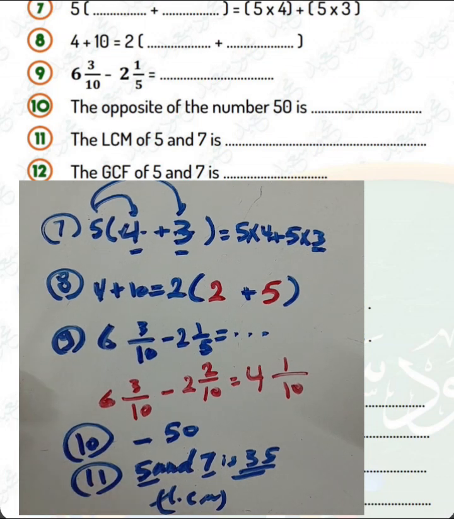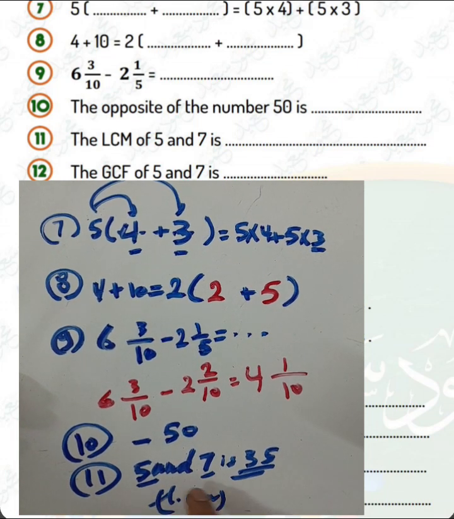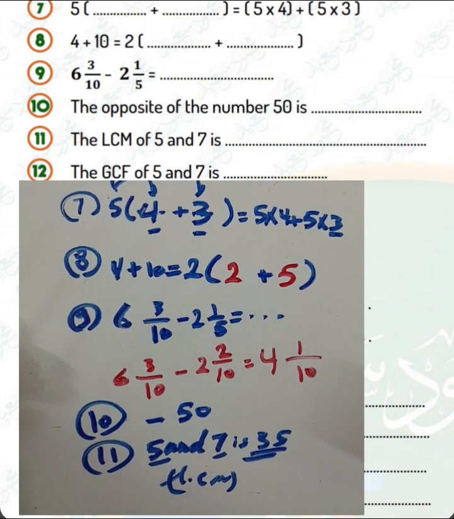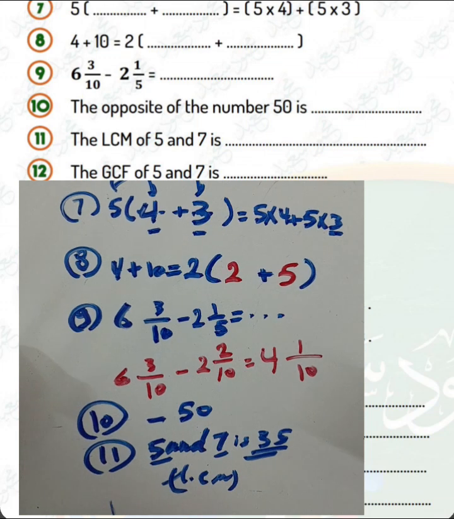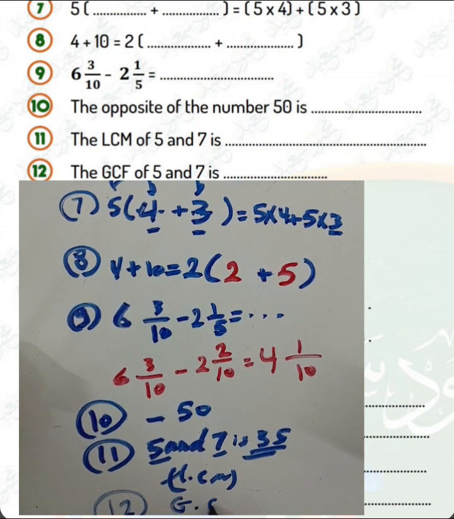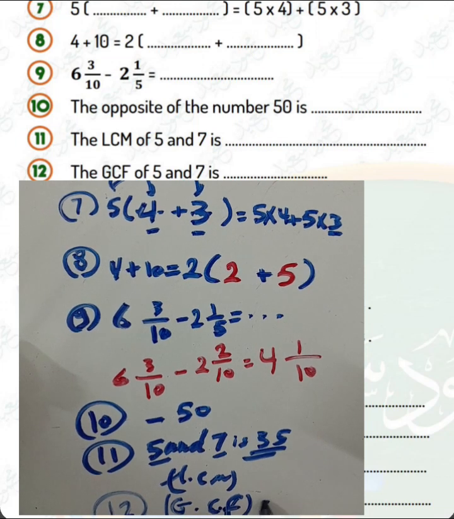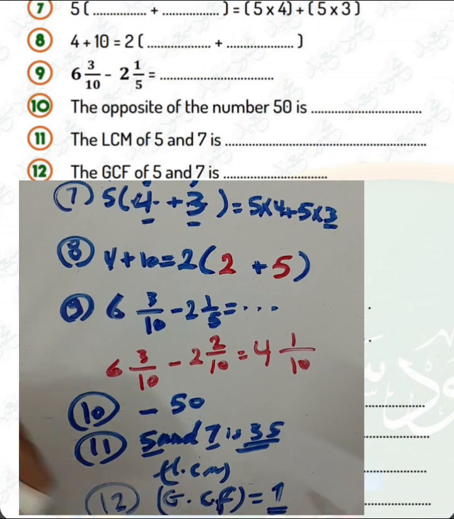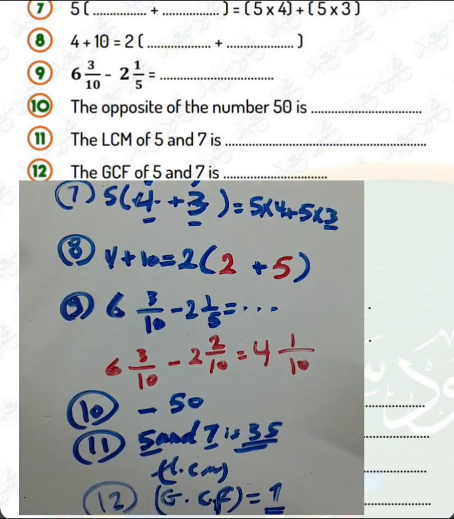But the greatest common factor between two different prime numbers will be 1. Then question 12. The greatest common factor between them equals what? Equals 1.